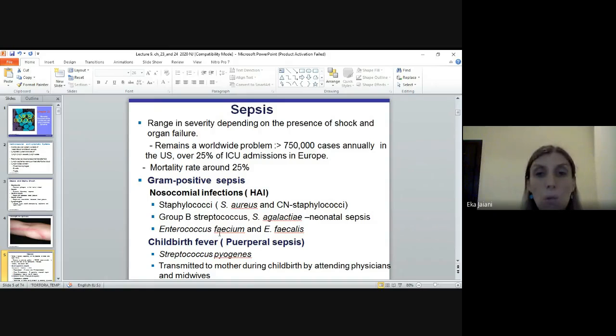Also, Enterococcus faecium and Enterococcus faecalis live in the GI tract and are released with the feces, but they can contaminate the skin.